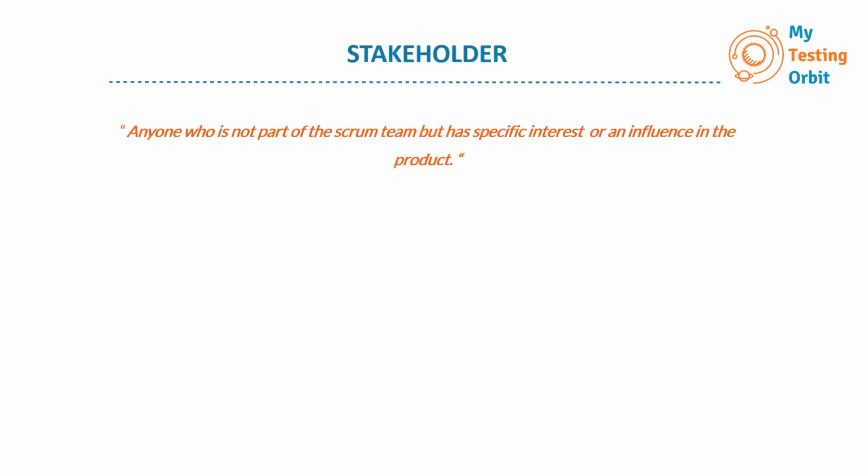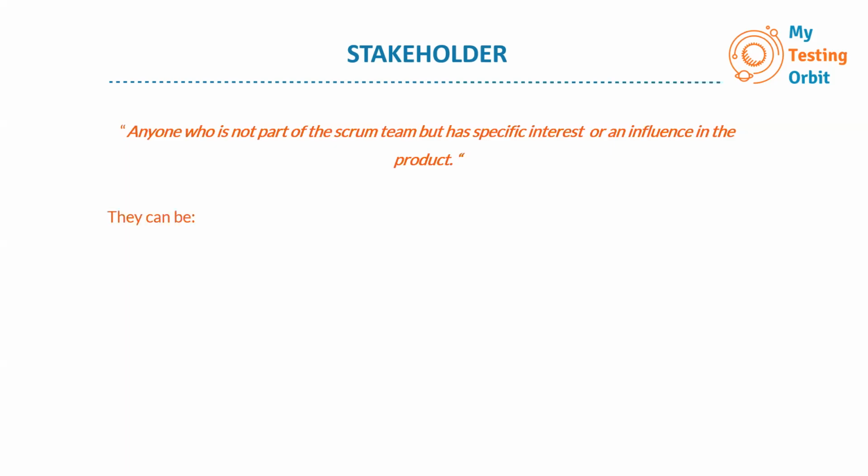So a stakeholder is someone who is not directly part of the Scrum team, and it can be mostly represented by a product owner. But apart from the product owner, if we see the wider management in the organization, or maybe we can say the senior management, then they can be part of the stakeholders.